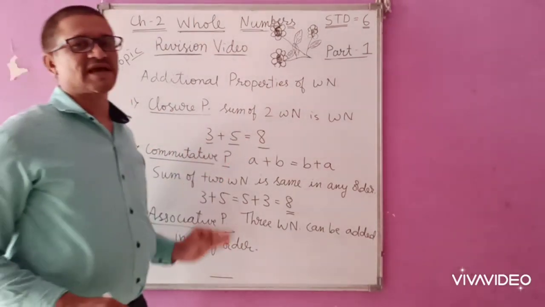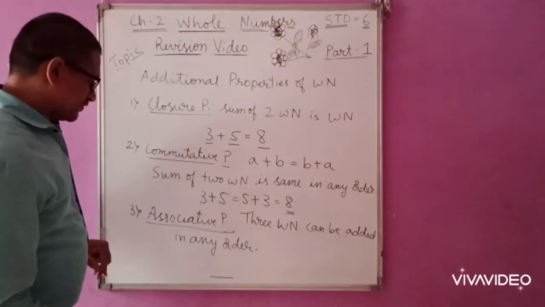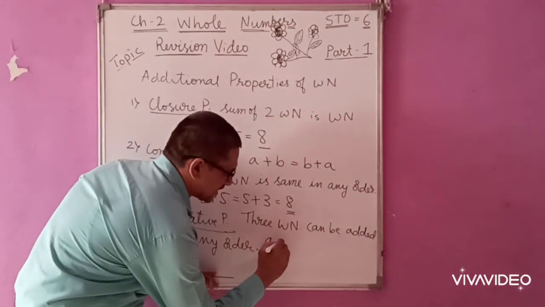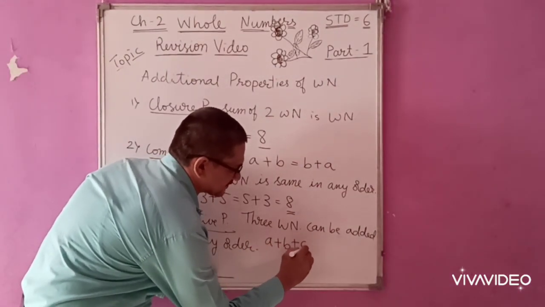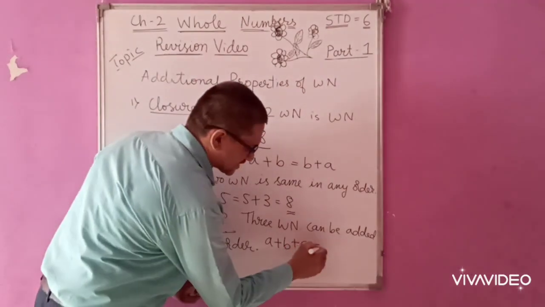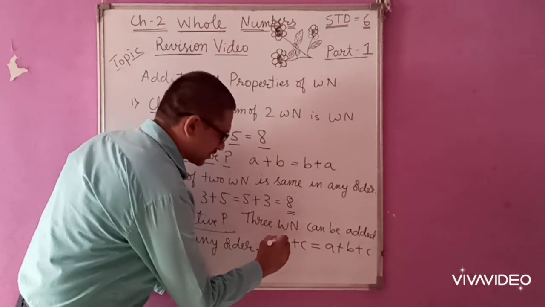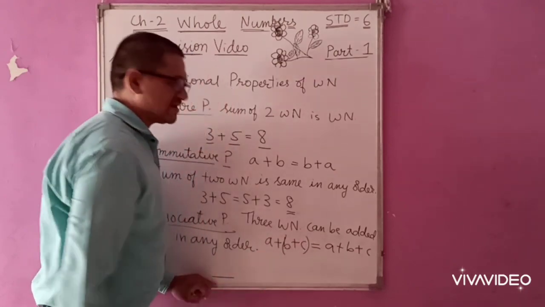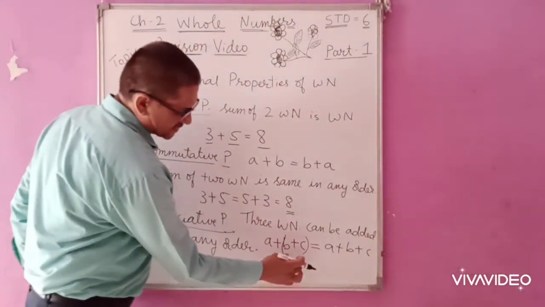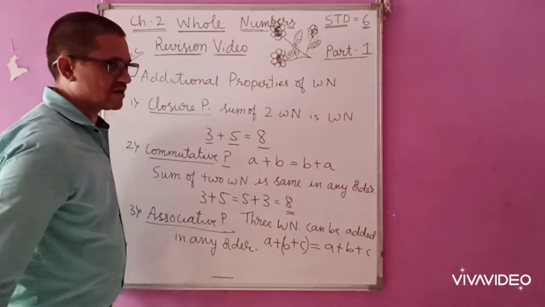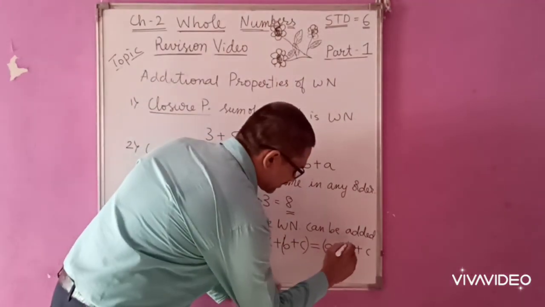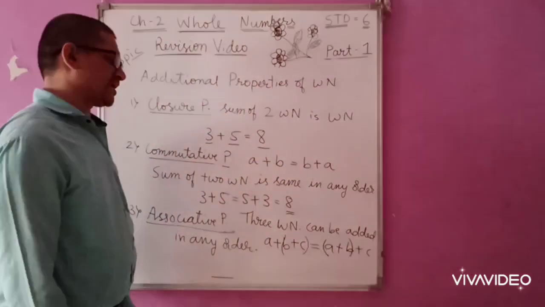For example, A plus B plus C is the same as A plus B plus C. Now if I put a bracket on B plus C, means we are adding first these two numbers, then we are adding the third number. Now if I put a bracket for the different numbers, A plus B.